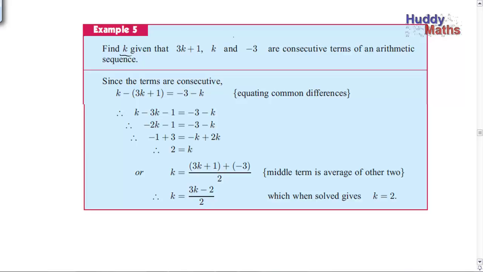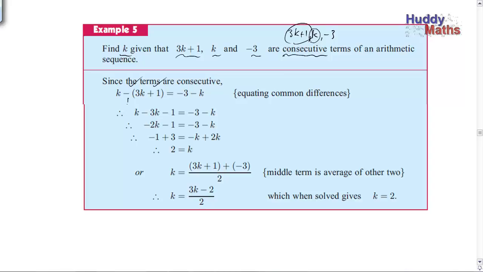Find k, given that these are 3 consecutive terms of an arithmetic sequence. Consecutive means they are next to each other. So if we were to write them out as a sequence, you would have commas between them, writing them like that. Since the terms are consecutive and it's arithmetic, this one minus this one, there it is.